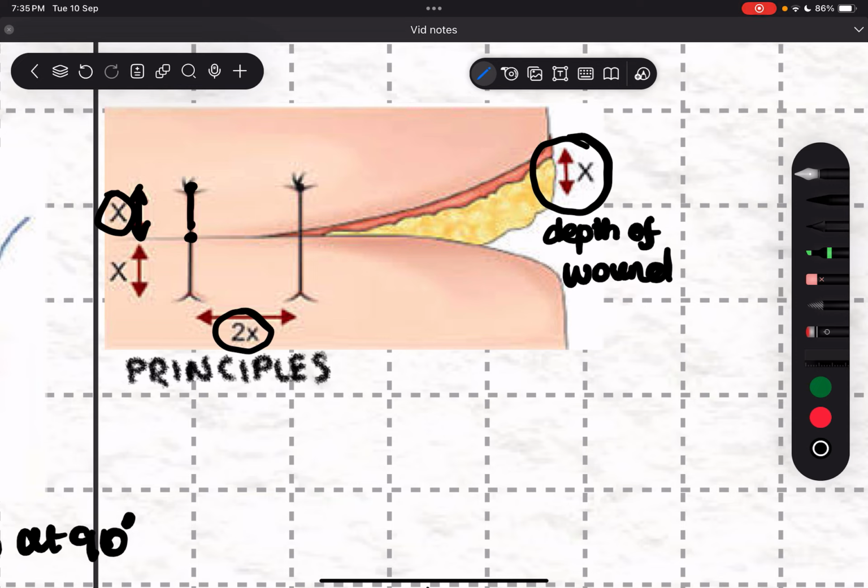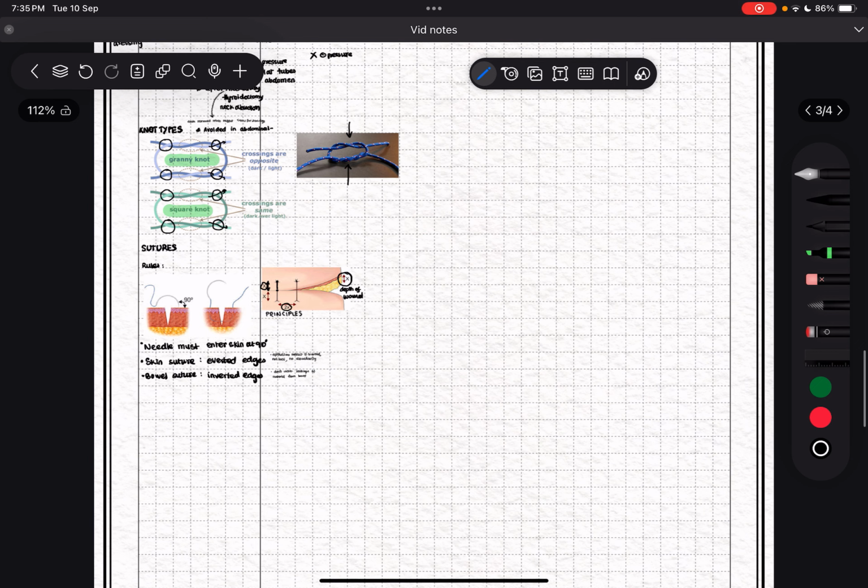Now let us get into the types of sutures. The types of sutures are a whole lot as seen.